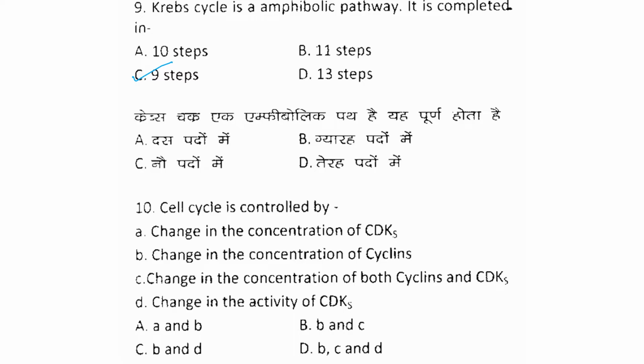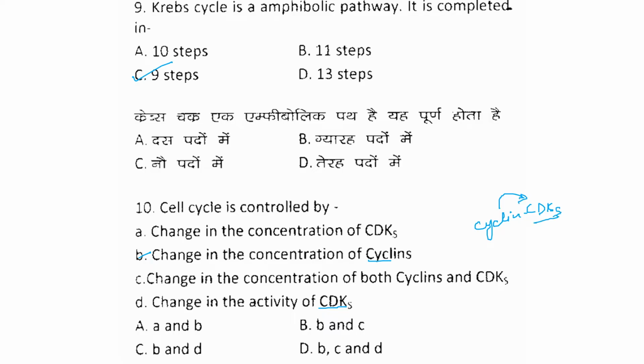Cell cycle is controlled by, so during the cell cycle there is a change in the concentration of cyclin. The level of CDK is nearly constant. There is a change in the concentration of cyclin, which changes the activity of the CDK, and that's why there is formation of the cyclin-CDK complex. So cyclin regulates the activity of CDK.